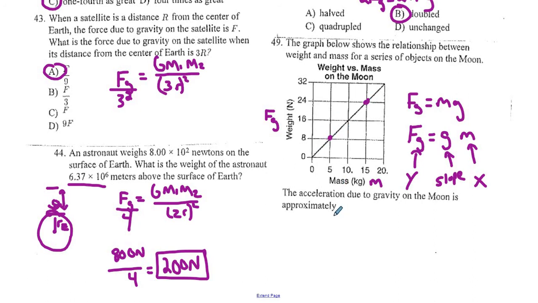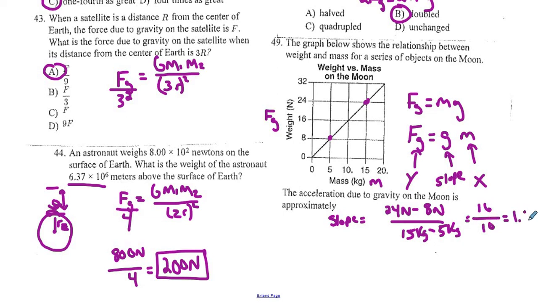The slope is equal to the rise over the run, or 24 minus 8 newtons over 15 kilograms minus 5 kilograms. And that is 16 over 10, or 1.6 meters per second squared.